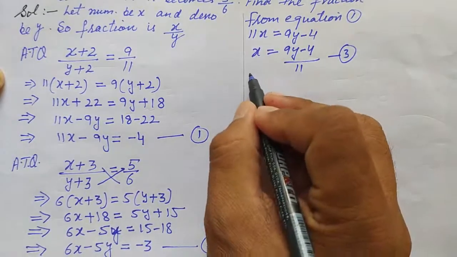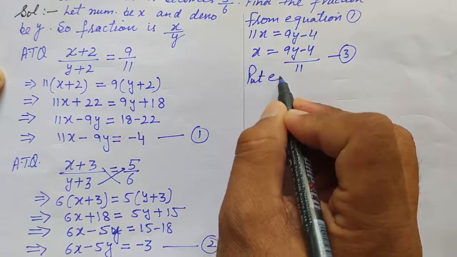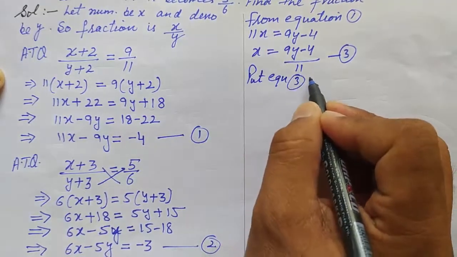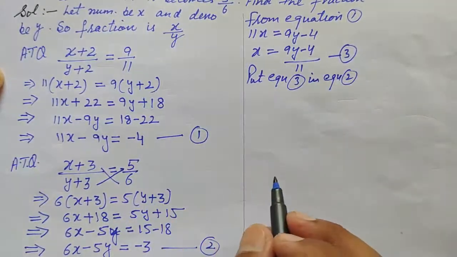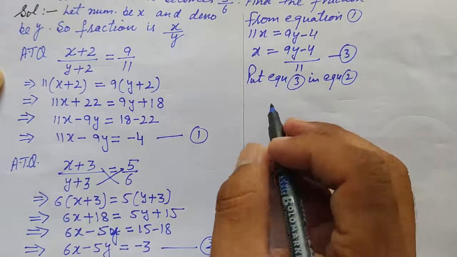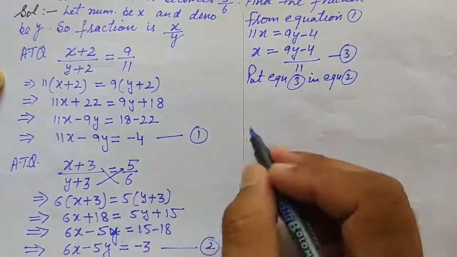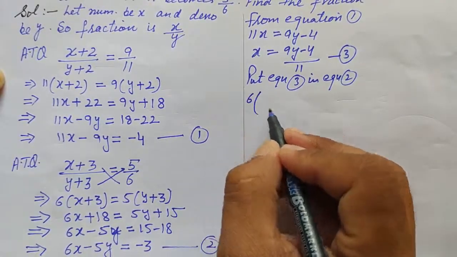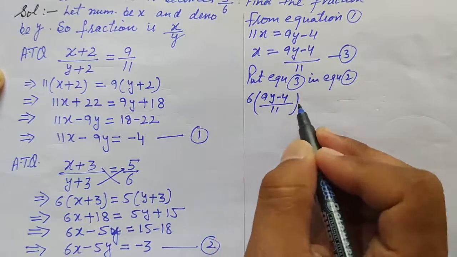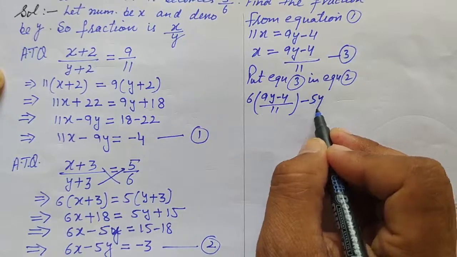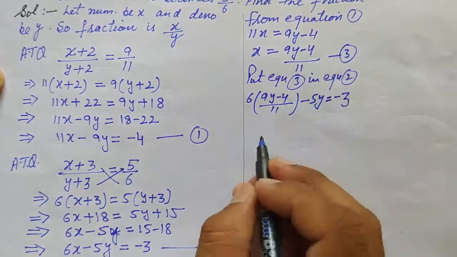So we'll put equation 3 in equation 2. Let's see what will happen. This is 6x, and in place of x we'll write (9y minus 4) over 11, minus 5y is equal to minus 3.